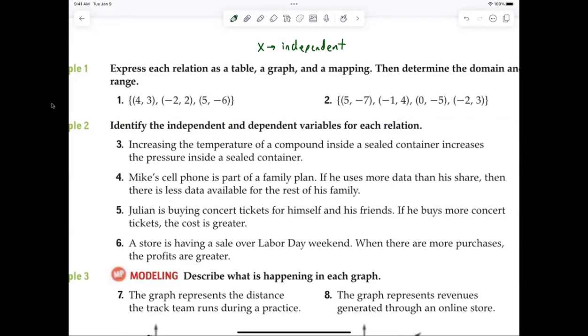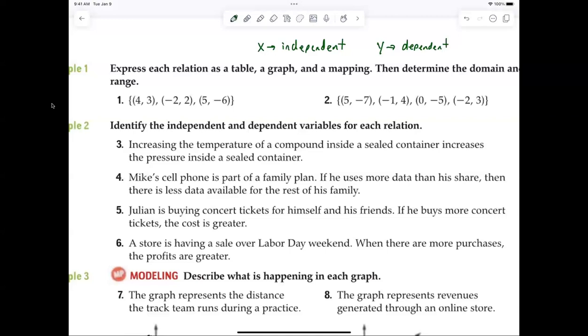Now, how did I remember that? Y is then called the what? Dependent. I always got those confused until someone said, look, the y depends upon the what? The y depends upon x. That's right. X can be anything.